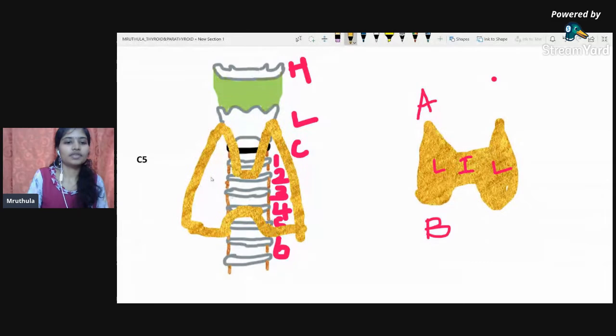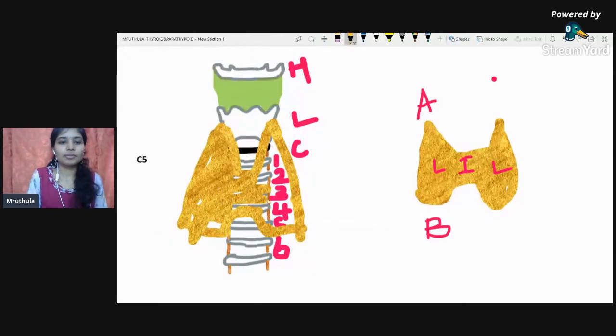Here we got the thyroid gland. This is how it is located. You just have to memorize the extents, then it will be very easy for you to draw the diagram in exam also, because that's how they actually check the diagram in the paper.